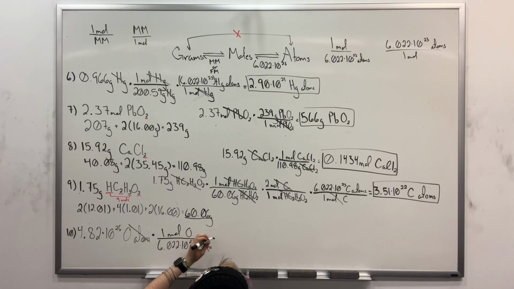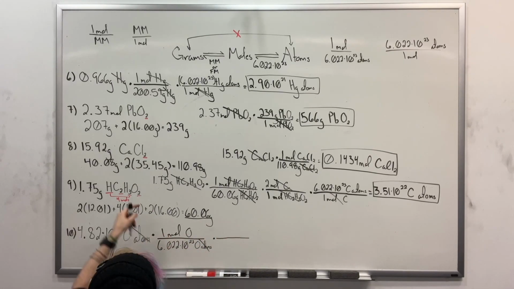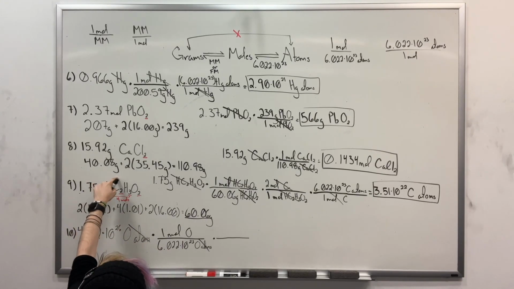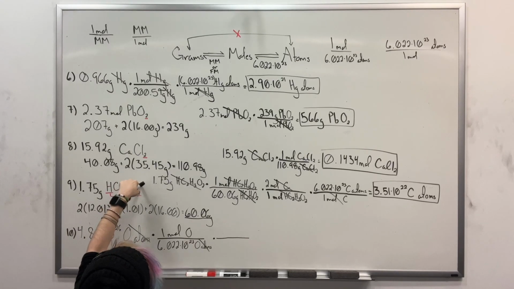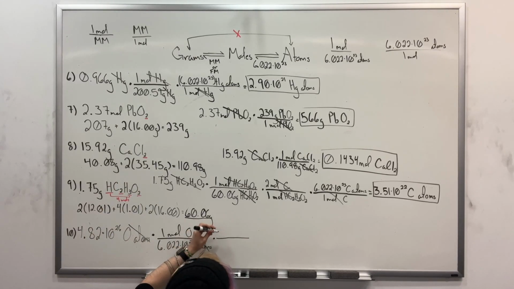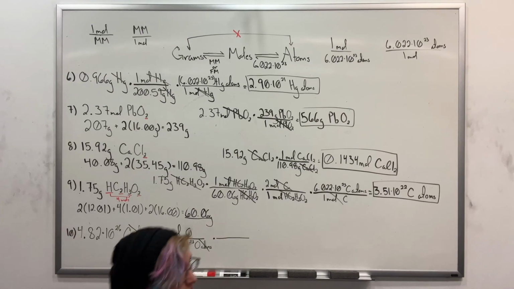And now we are going to focus on the fact that we are working with oxygen specifically, but we want to get to our original compound, HC2H3O2. There's 2 moles of oxygen in this compound, and we're trying to get out of moles of oxygen.